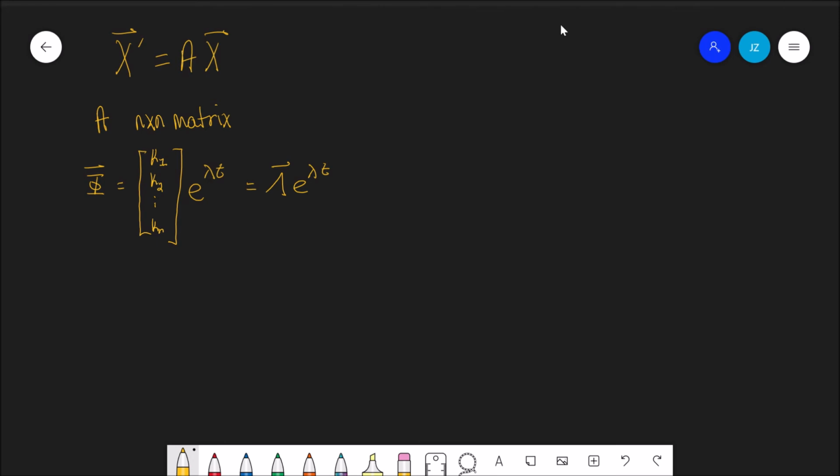Now, we guessed this form because this was the form when we were studying homogeneous linear differential equations earlier. Well, in order for this to be a solution, we'd have x prime equal to capital lambda, lambda e to the lambda t.